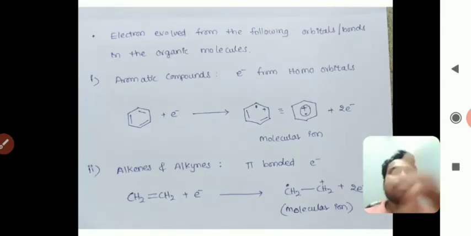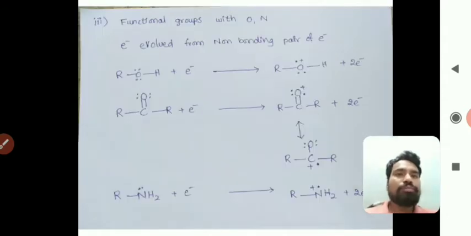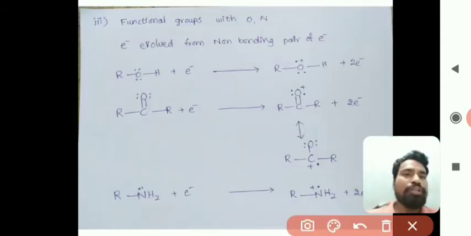So in the case of molecules with functional groups O and N, that is nothing but alcohols and amines, these atoms have non-bonded electrons, right?